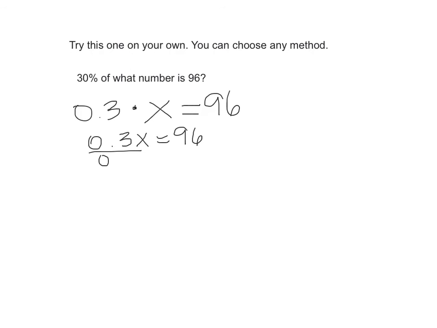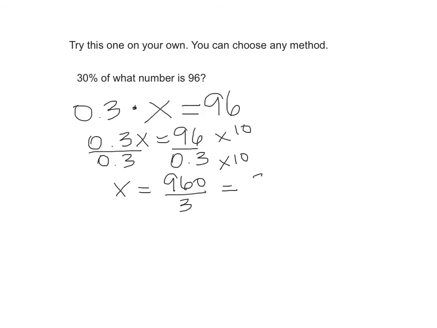Divide both sides by 0.3. I'm going to multiply the divisor and dividend by 10 since I have a decimal in my divisor. And I'm really solving 960 divided by 3, which equals 320.